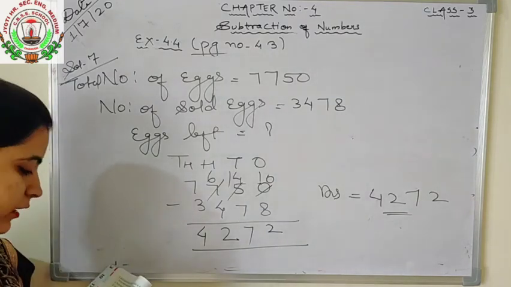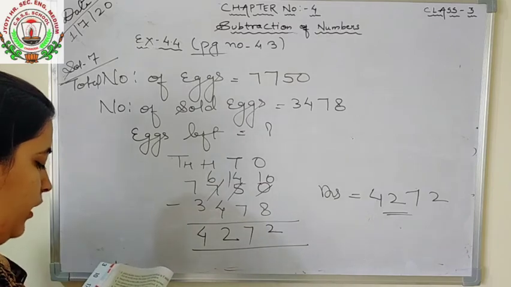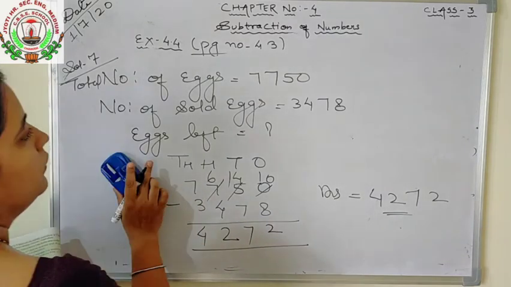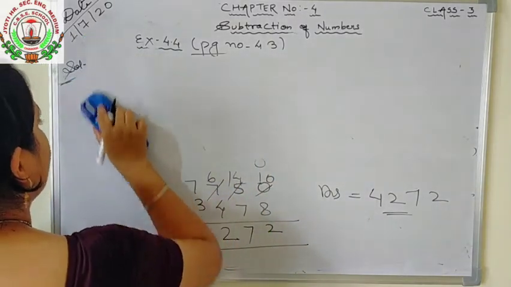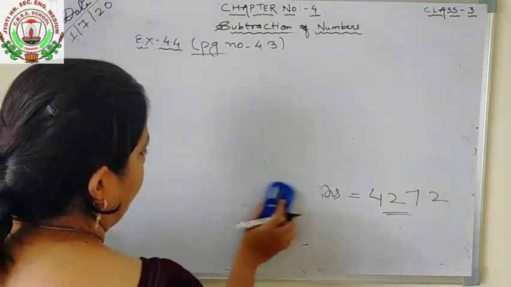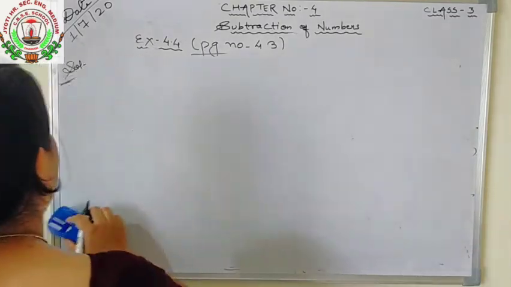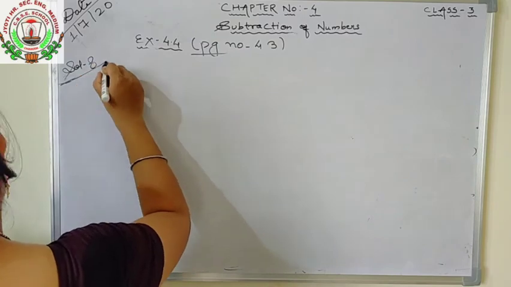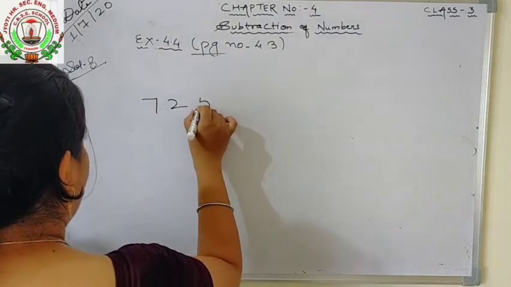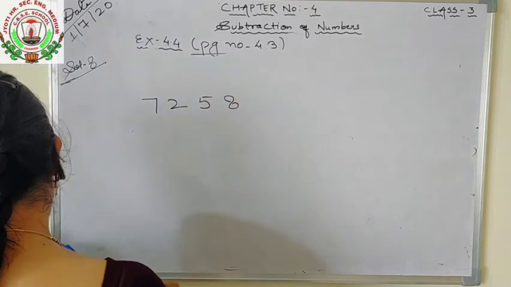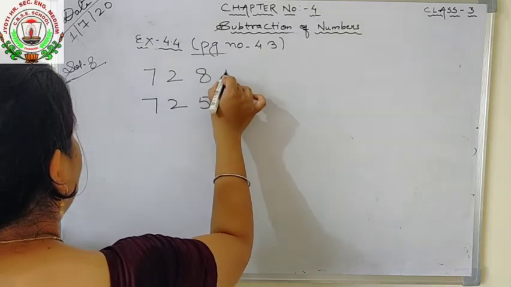Which is smaller and by how much? This you have to find out. Which number is smaller and by how much? Now I am rubbing number 7. We will solve number 8. Question number 8 is 7258 and 7285.